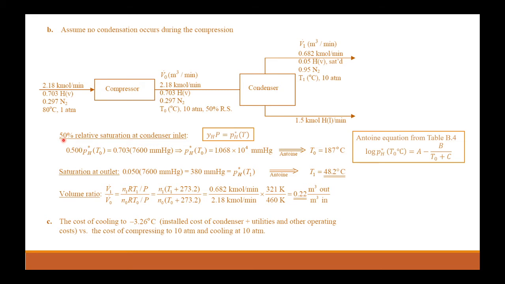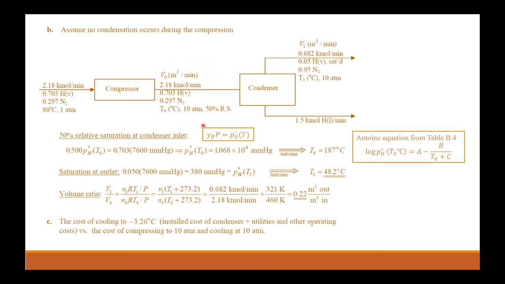Now, we are told that in this stream here, the relative saturation remains at 50%. So we have to multiply 0.5 over here, and that equals the mole fraction of hexane multiplied by the total pressure in this stream.